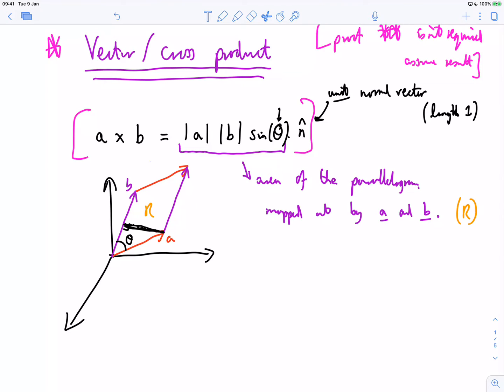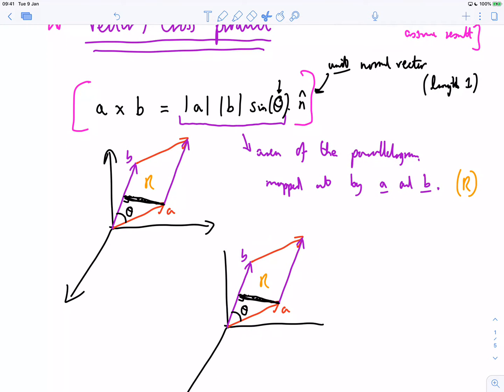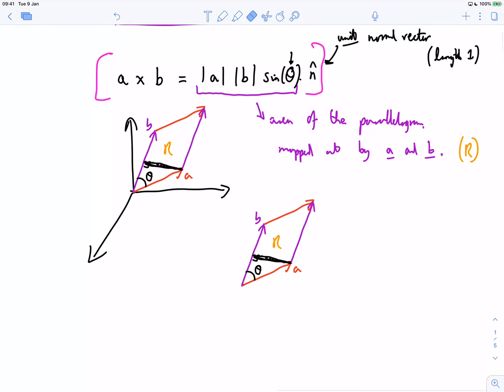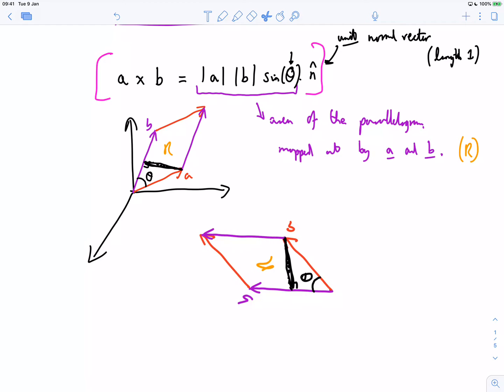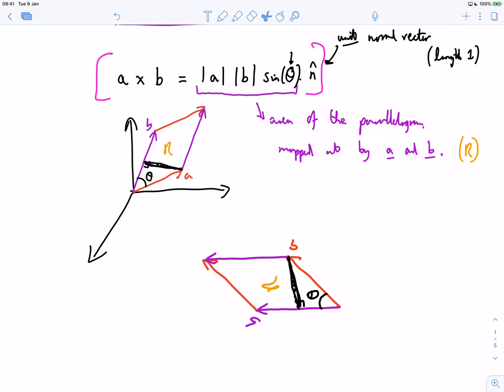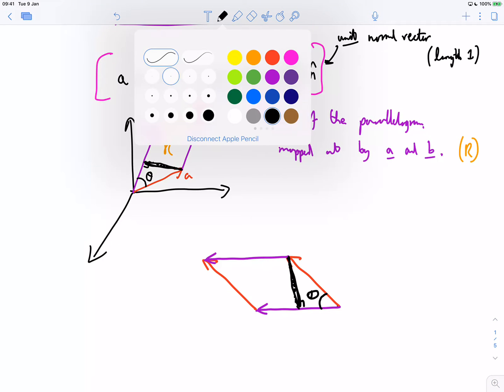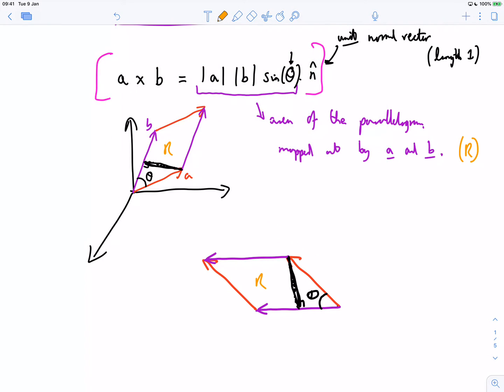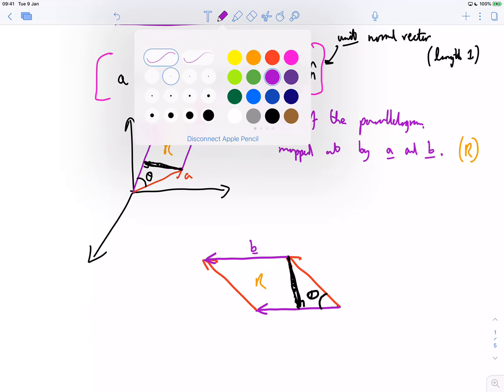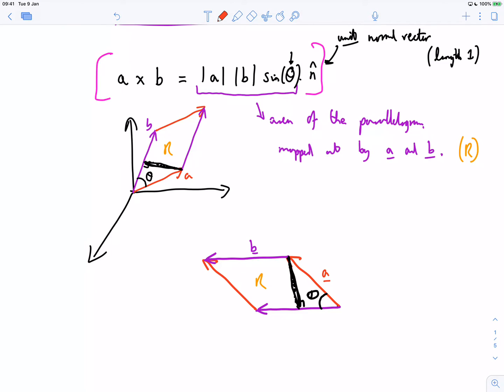If I take this object and give it a spin, turn all the letters round, then this is the region R we want to find. This is the vector B, and this is the vector A still.